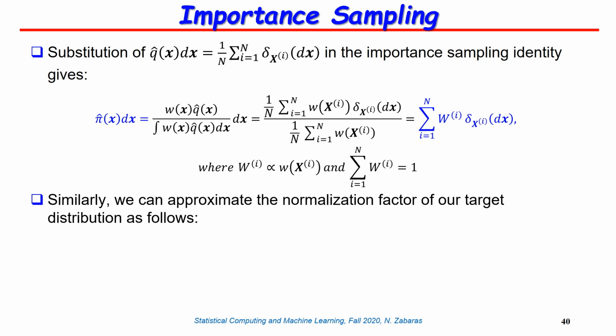They're the ratio of gamma over q, and capital W are basically the little w's divided by the summation of all the w's. So remember, unnormalized weights, normalized weights.